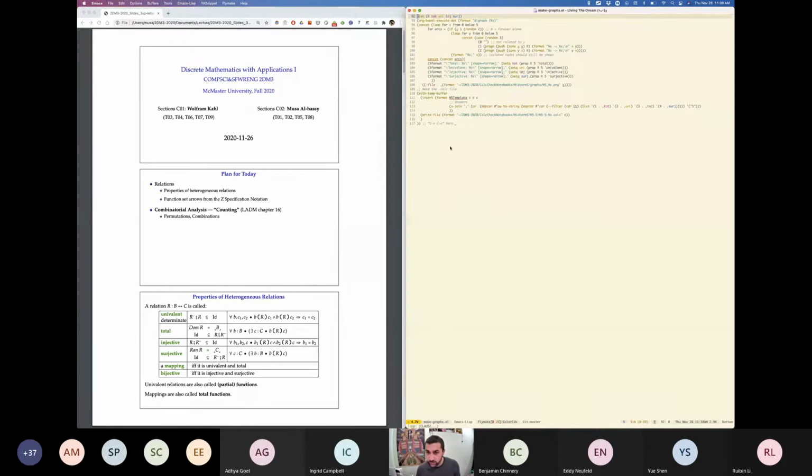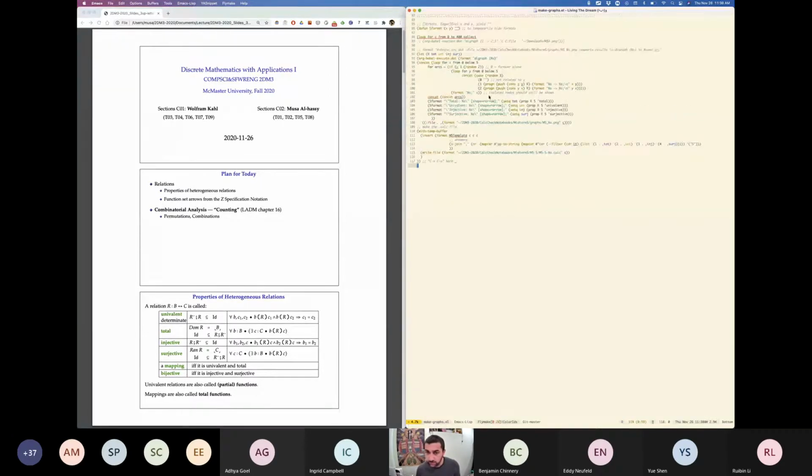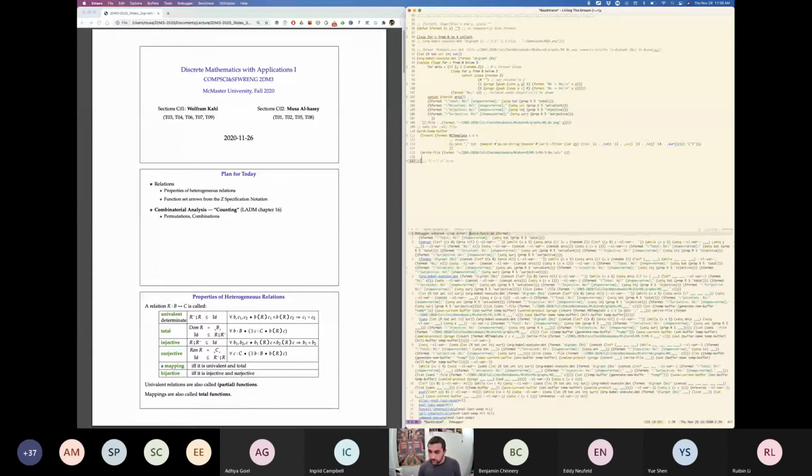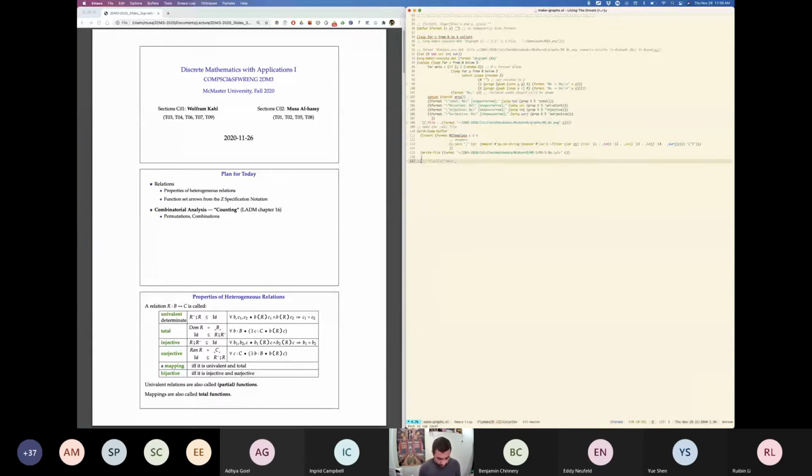Let's see if I can show you some nice little graphs. Let's just do 4. 4 sounds reasonable. Okay. So hopefully while I'm talking today, I'll show you guys some graphs and we'll see how that works out.